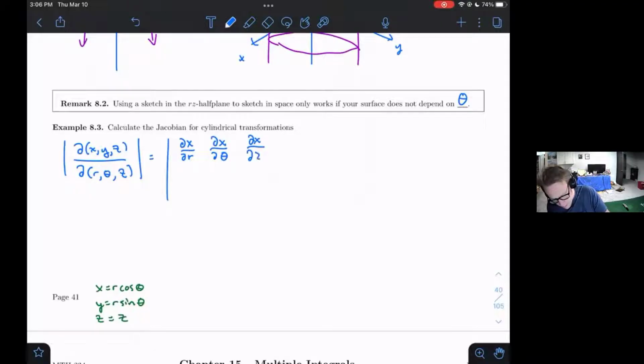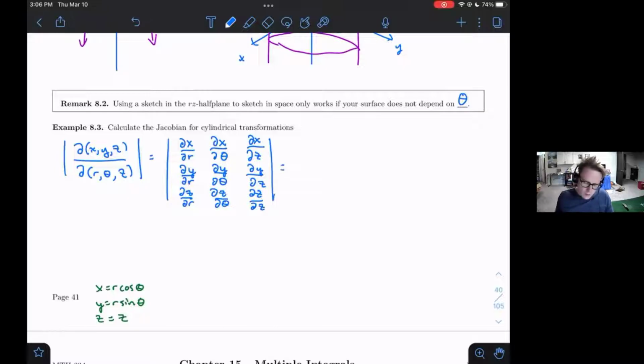Then we have the partial derivative of y with respect to r, y with respect to theta, and y with respect to z. And then finally, z with respect to r, z with respect to theta, and z with respect to itself, z. And so remember, we need to take the determinant of this matrix, and then we'll take the absolute value of this.